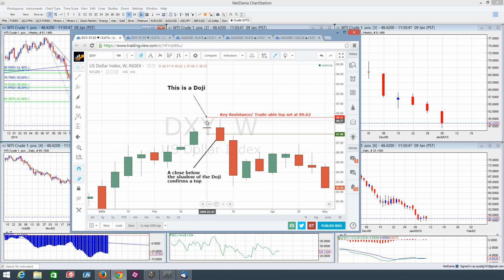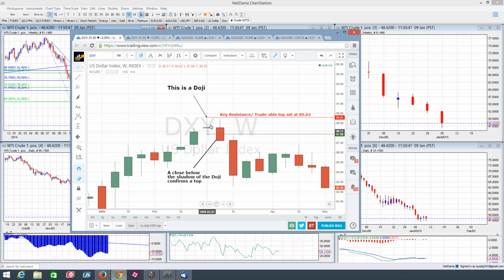The high was 89.62 and then came down to hit a low at 87.88, but then closed the week right back where it started, right back there at about 88.50ish. So that whole pattern, it's a lot of running around for 1 week to have it open and close at the same spot, creating a doji.